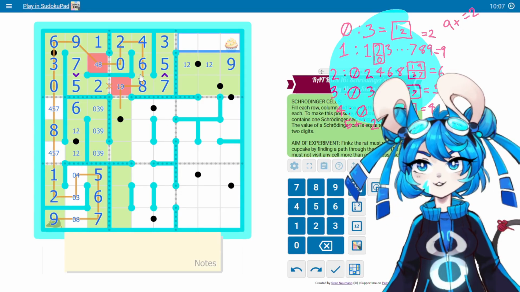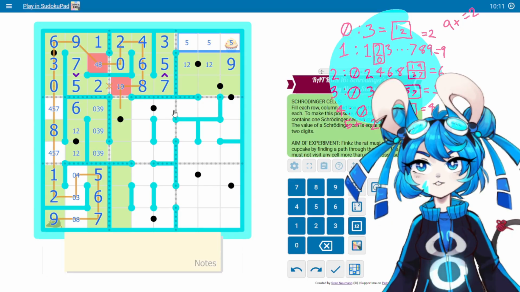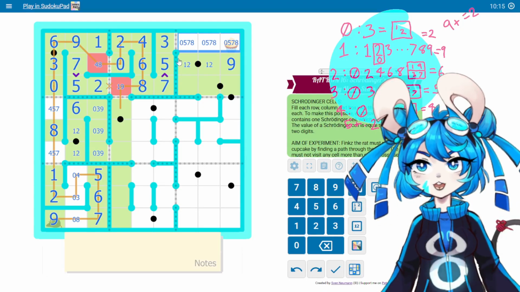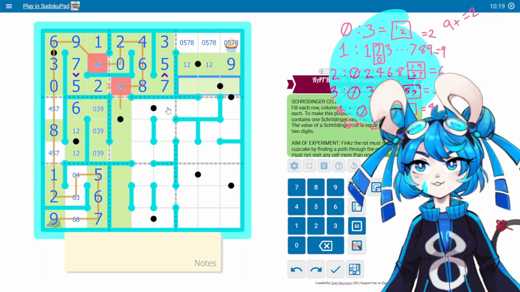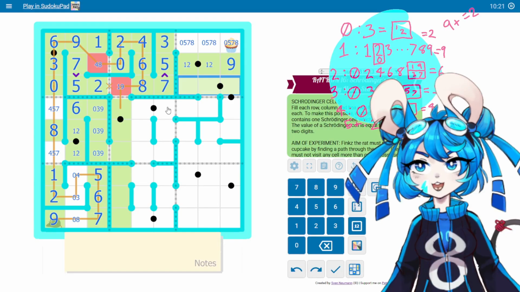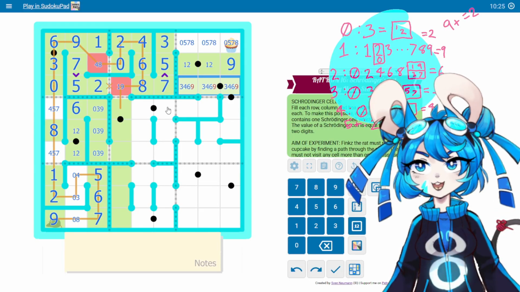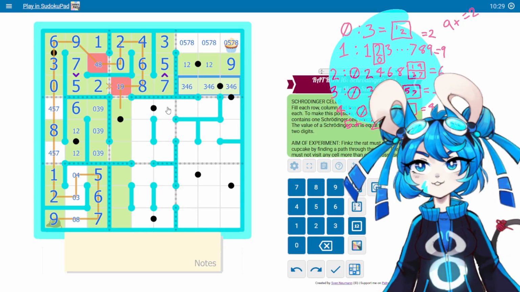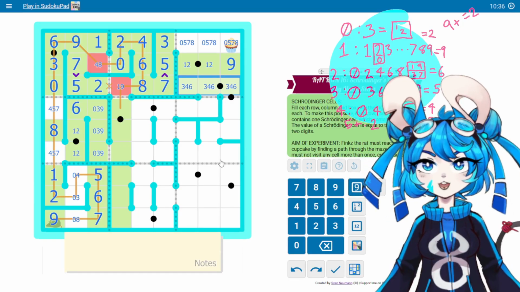These four digits, because there's a Schrodinger cell here, are 5, 7, 8, and 0. I forgot about 0. And these digits, which do not contain a Schrodinger cell, are 3, 4, 6, and 9. Not 9? Not 9. 3, 4, 6, and... Oh wait, they are just 3, 4, and 6.